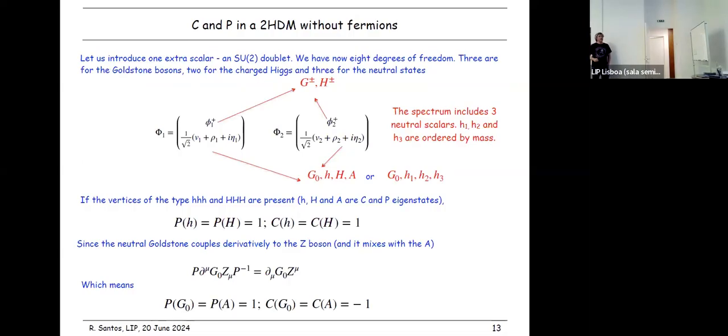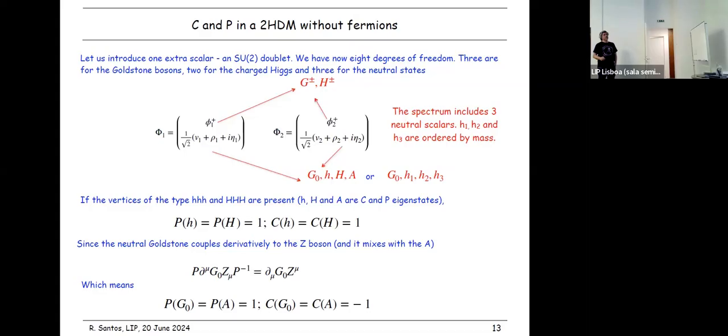Let me very briefly tell you what happens in the 2HDM, in the complex case. So you have these two doublets. These two fields will mix. One of them will give the Goldstone boson, and there will be a charged Higgs. I don't care much about what's happening here, but from the degrees of freedom, which are 4, we have 4 fields, 1, 2, 3, 4.